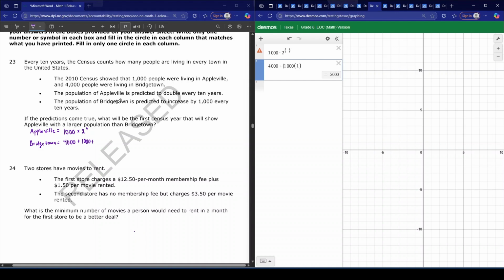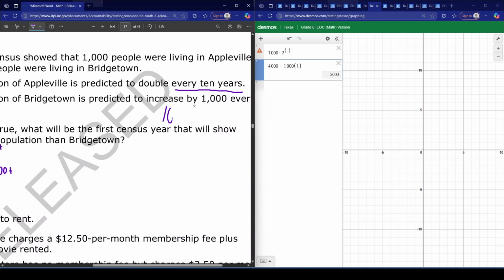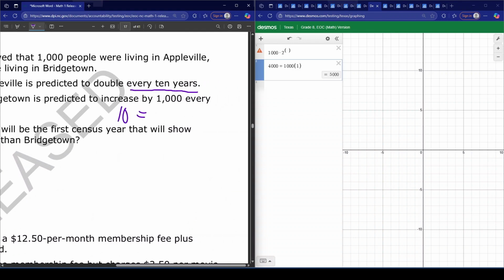Alright, so for this problem, you have to understand that every 10 years, you're not literally going to put 10 as your x in whatever formula you use. It's actually going to be more so 10 years equals one occurrence, okay? So that's what we're looking for.